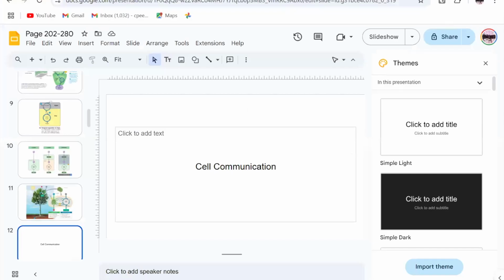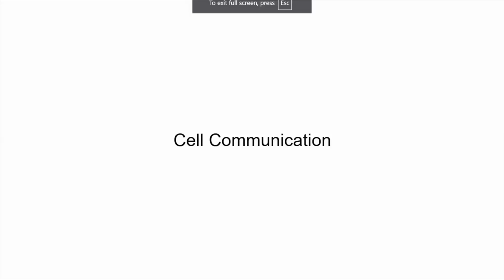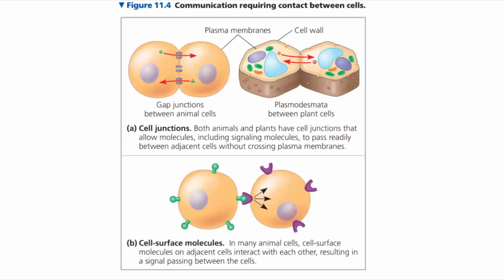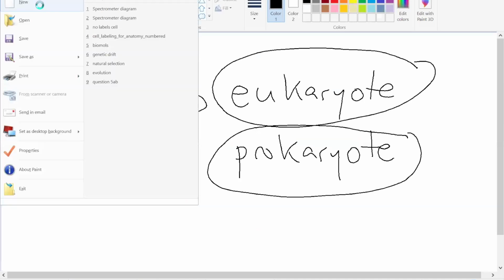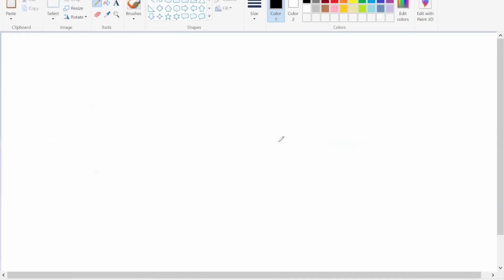So cell communication, we are made of cells. We are made of eukaryotic cells and they need to communicate, but even cells living on their own, like bacteria, also need to communicate. Okay, so technically, actually, I don't love your textbook for this. So technically, there's three main categories of communication if you're a cell.